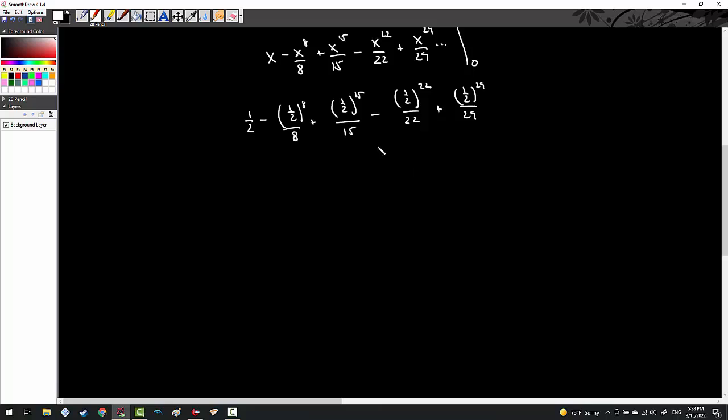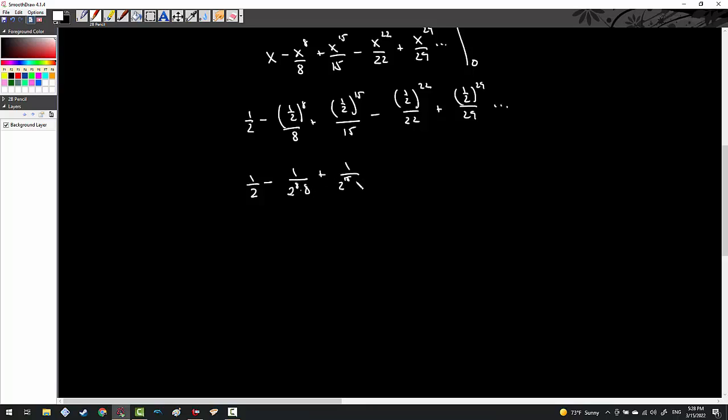Now I'm going to algebraically manipulate this so I can try and find a general form for this series. It's going to be 1/2 minus, now because the 1/2 is being taken to the 8th power, I can call it 1 to the 8th, which is just 1, over 2 to the 8th times 8. Hopefully that makes sense.